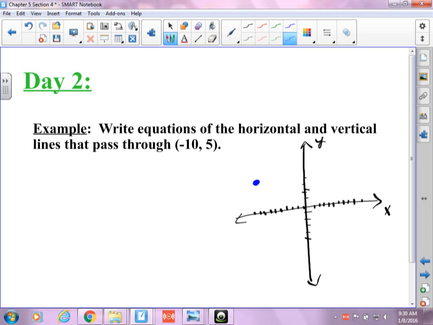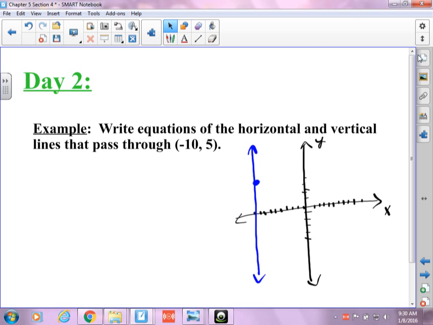If I want a vertical line that goes through that, which way does the line go? It goes up and down, right? Because this is vertical. So I've got a vertical line, and it looks like that. That's a lot, but you get the idea. Okay, it's right there, right? Okay? So, is that an x equals or is that a y equals equation? Well, what axis does it cut?